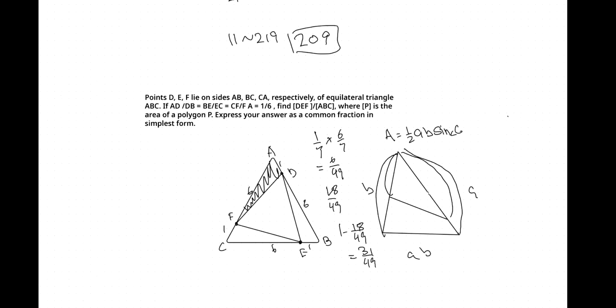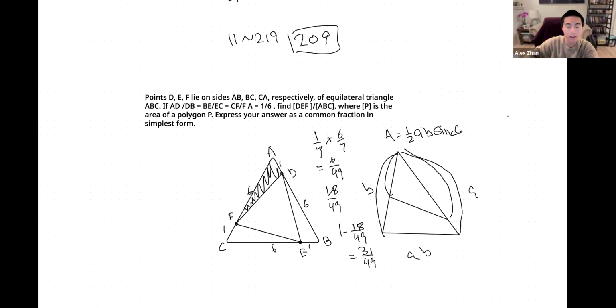Is it blurry or can you guys see it clearly with the question? It's very blurry.